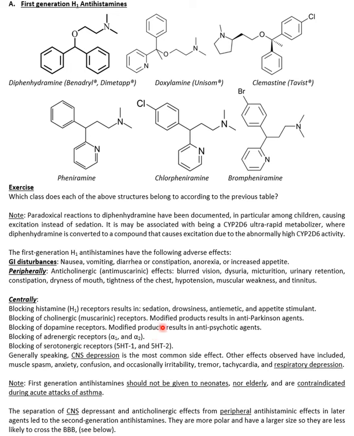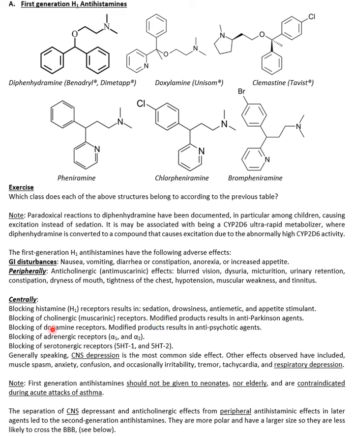And in this case, these drugs should be avoided in people who have psychotic problems. In fact, some of these antihistamines have been modified further to design anti-Parkinson agents, as we will see in later sessions when we talk about psychotic drugs and anti-Parkinson drugs.